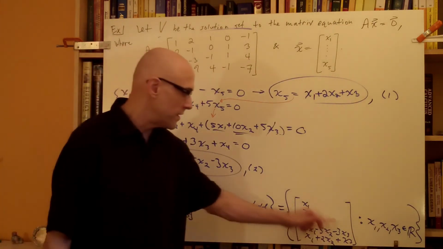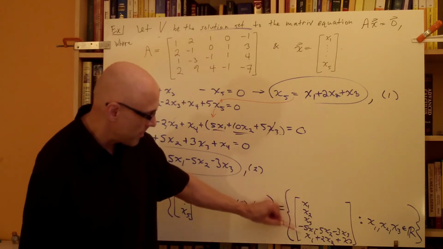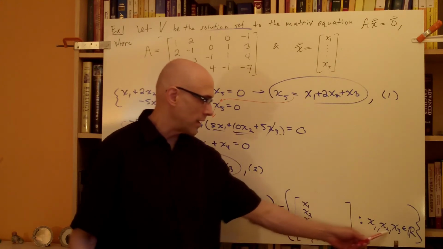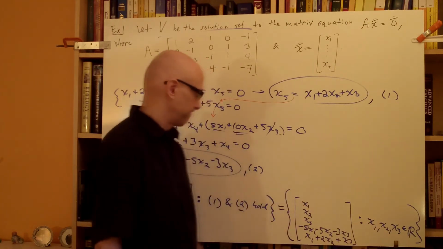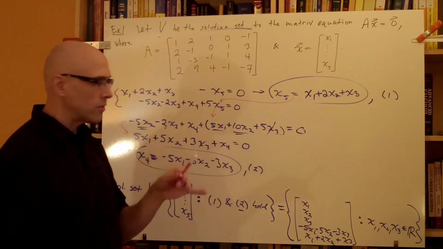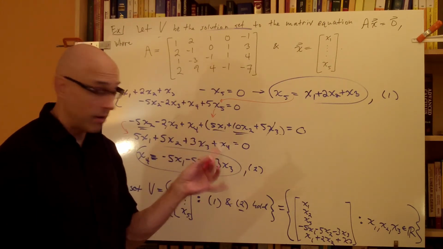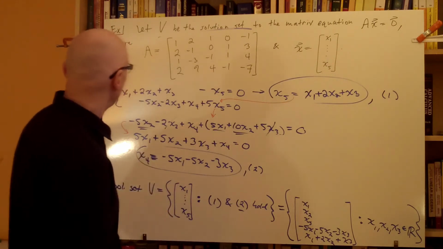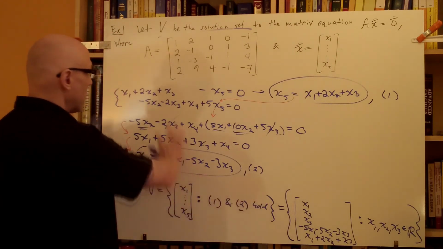So all vectors of this form, where each of the components, you may notice, are in terms of just x1, x2, and x3, where x1 and x2 and x3 are any real numbers. We're close to being able to figure out a basis for V now.